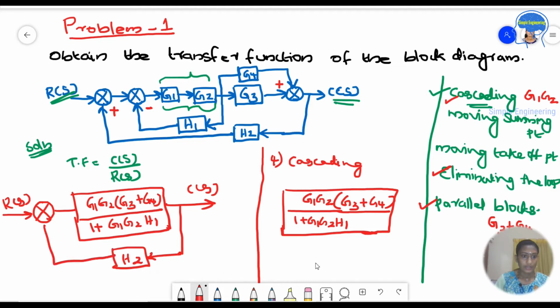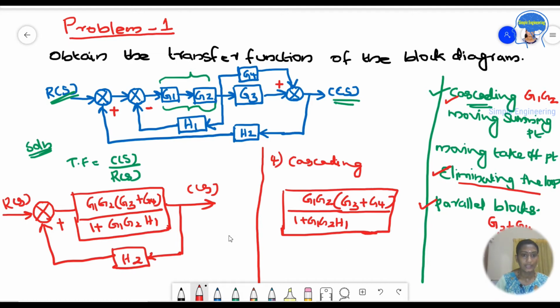So now it is reduced like this, and this is positive feedback. Next, look into this. You all know that we can again eliminate the loop. This is the loop, so this you can eliminate.